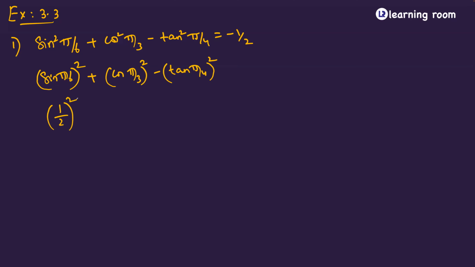So half square plus what is cos pi by 3? It is also half square minus what is tan pi by 4? 1 square. So 1 by 4 plus 1 by 4 minus 1. So half minus 1 is going to be minus half. Right?